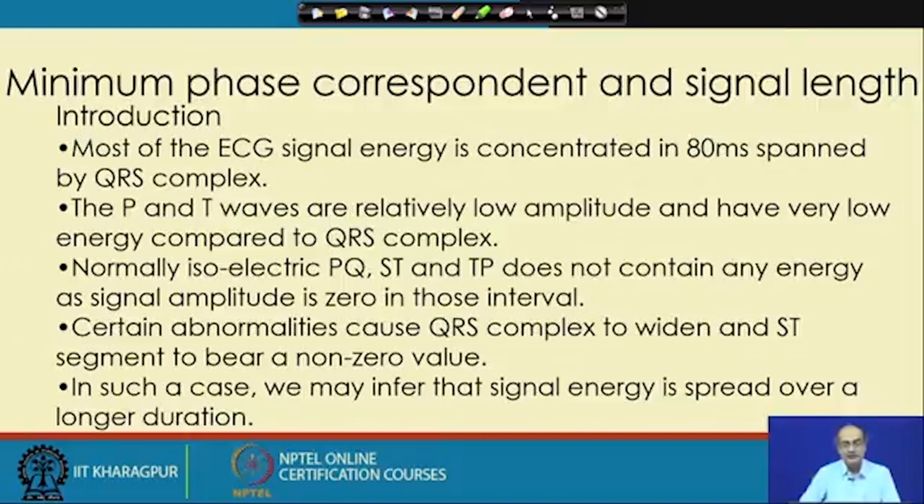Such changes we can look at in this way: the signal energy has spread. Earlier it was concentrated in a small region of 80 millisecond of the QRS complex, now the QRS complex has become wider and the ST segment is also becoming non-zero. That means the energy spread has become more, and that can be taken as a trademark signature of abnormality of the ECG waveform.